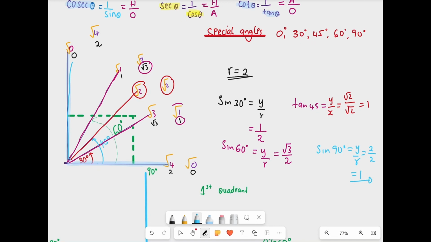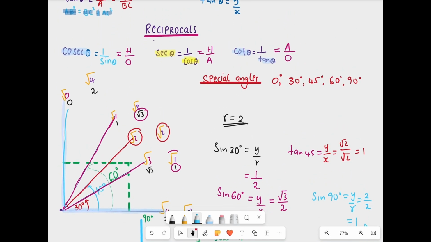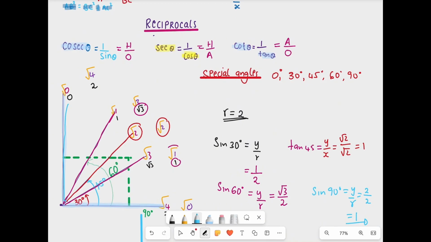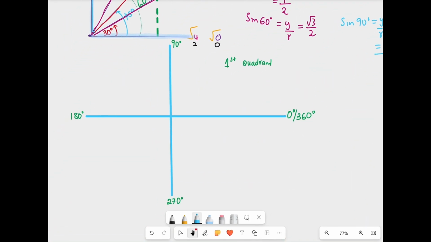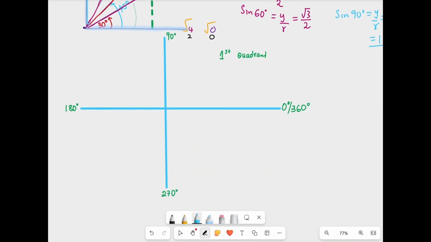And then now, let me move to quadrants, and from there we are going straight to past question papers where we will be doing questions. All right, so now you also need to remember that we have 4 quadrants here. So we have the first quadrant.